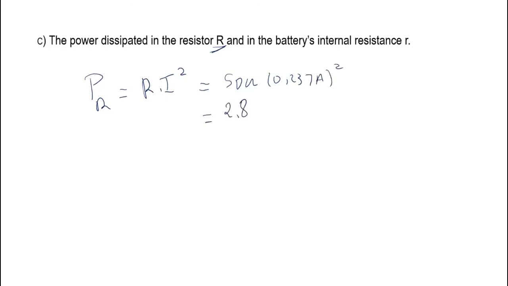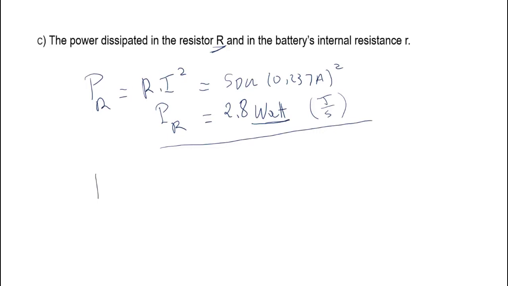This will be 2.8 watts. The watt is the unit of power. Sometimes you will see joule per second, which is the same thing as watt. This is the power dissipated in the resistor.